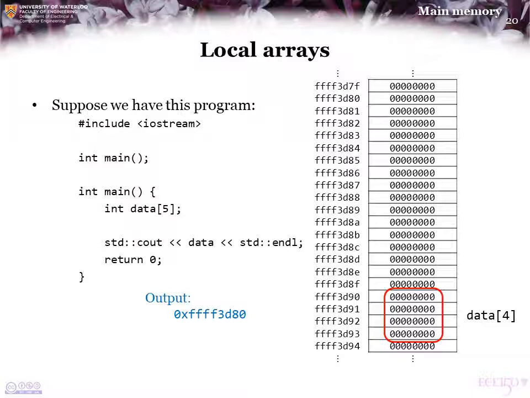If I try to access data 5, it will now access the next 4 bytes, even though those 4 bytes are not part of this array, which can, of course, lead to problems. But if you ensure your indexing variable never goes outside the range of the array, then you shouldn't have such a problem. So this is how a local array may be stored in main memory somewhere.